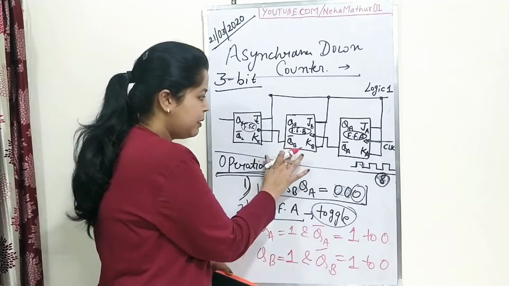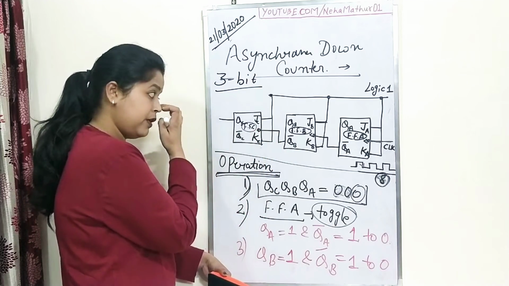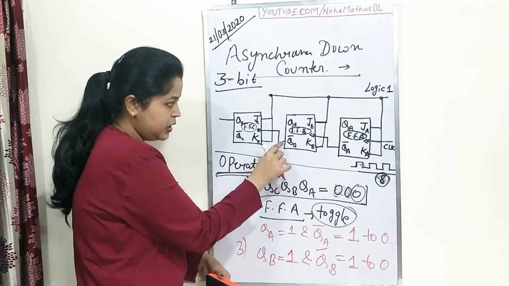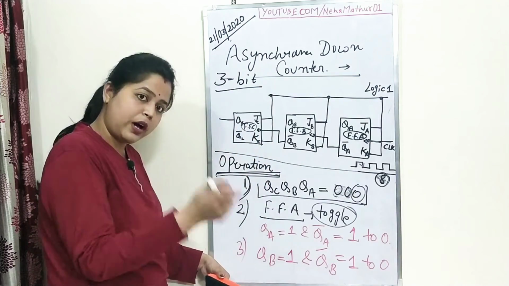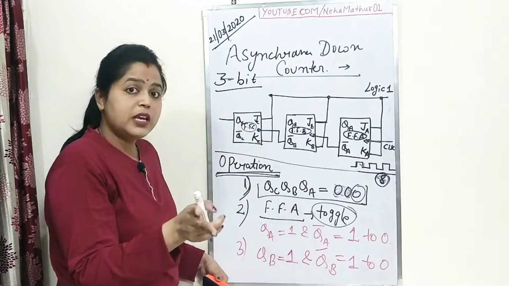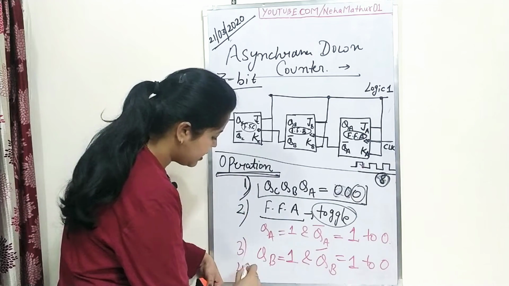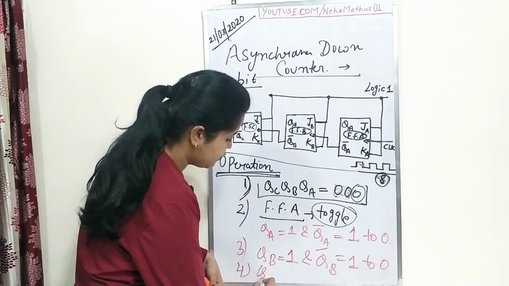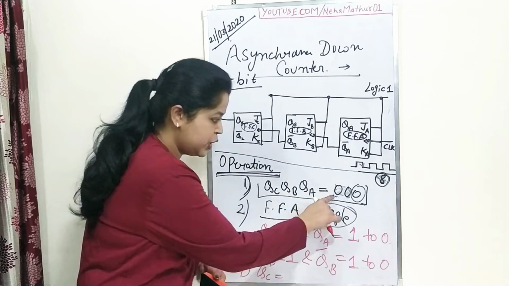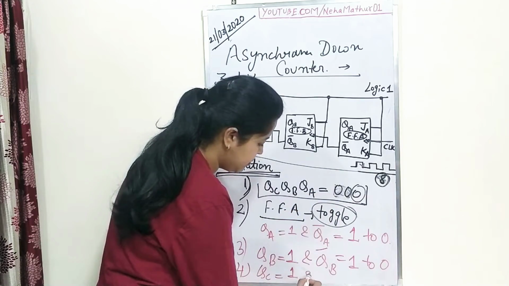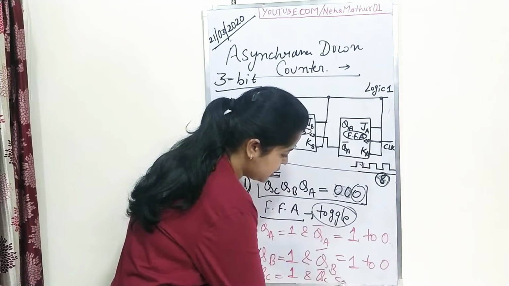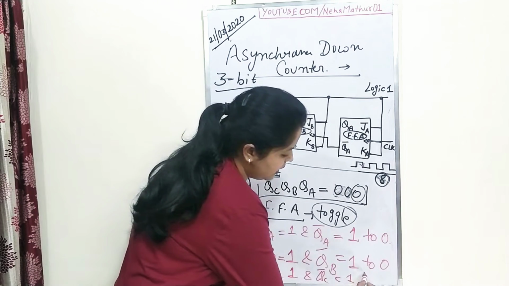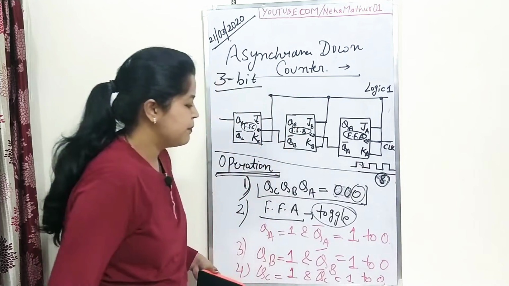Now again QB bar is connected with flip-flop C. Again the 0 is coming from here to here, the bubble will convert 0 into 1, and flip-flop C starts to work, and QC, which was initially 0, will become 1 because of the property of toggle, and QC bar will again change state from 1 to 0.